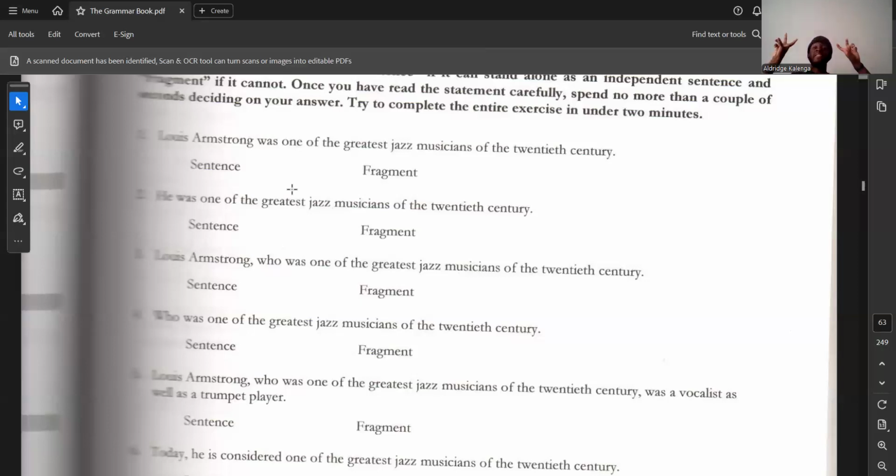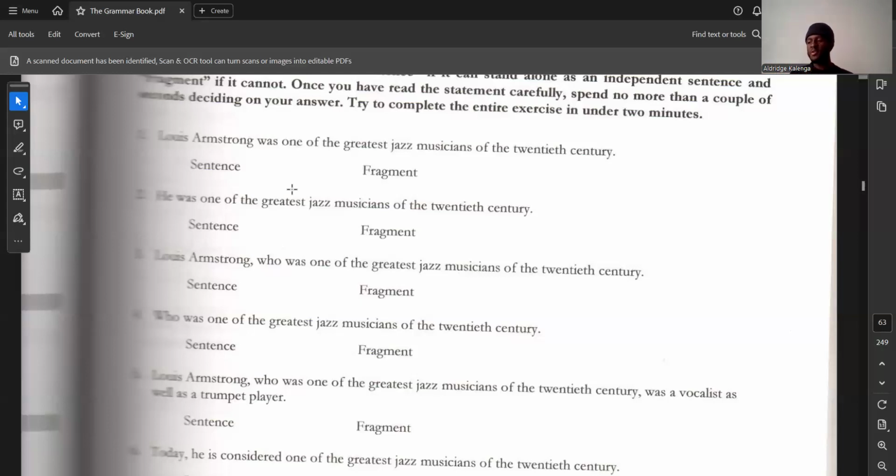Now, the technical definition of a sentence, according to this book, is a clause that contains a subject and a conjugated verb. So again, forget about the technicalities, right? But I remember when I was younger, I was told a sentence is made up of two things: the subject and the predicate.